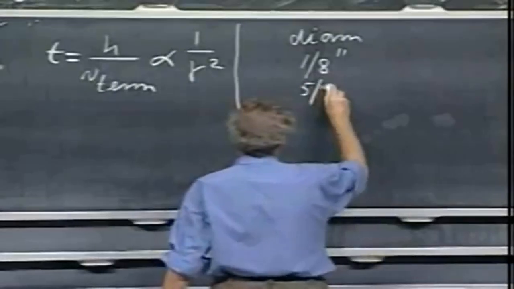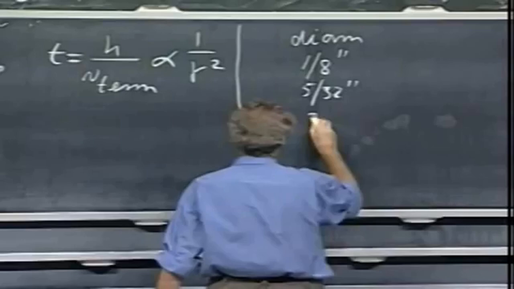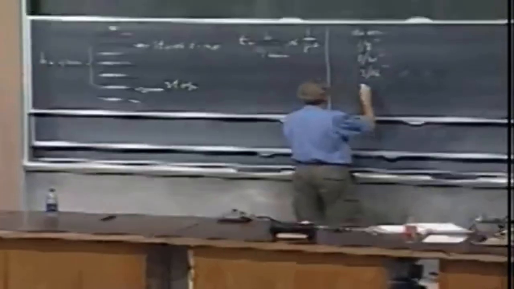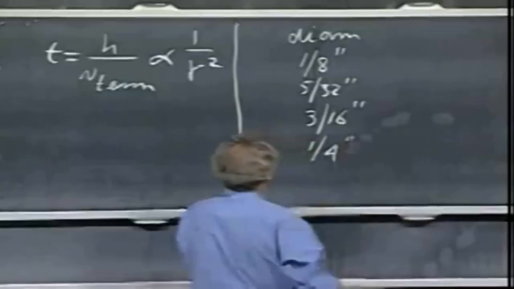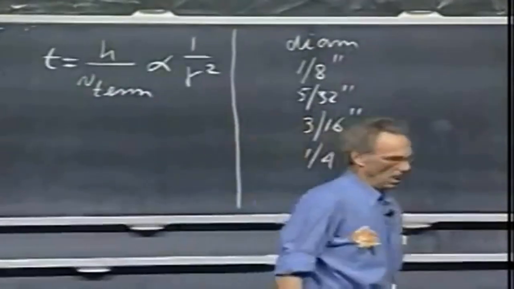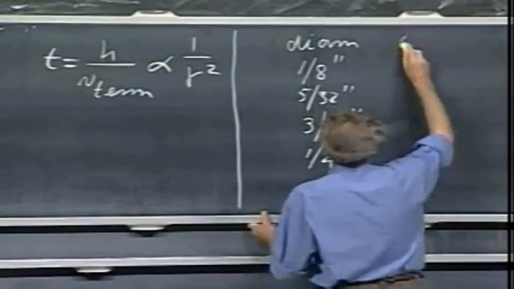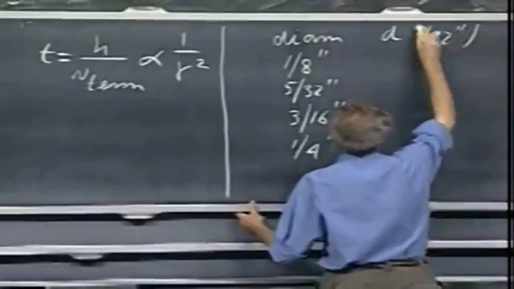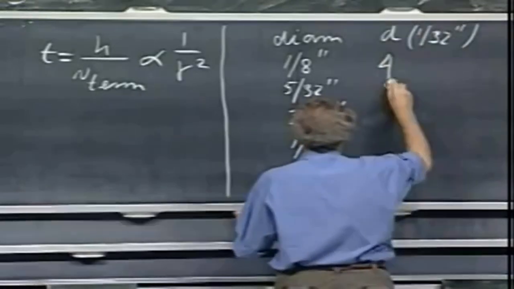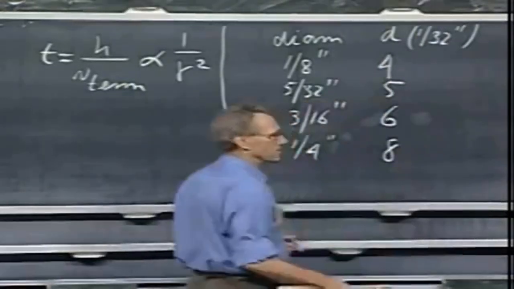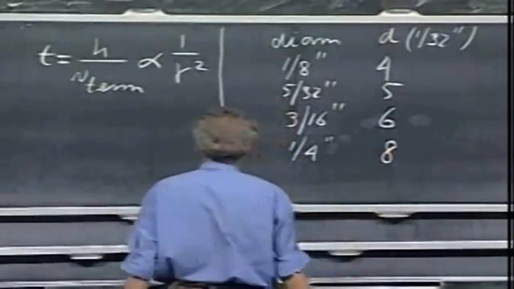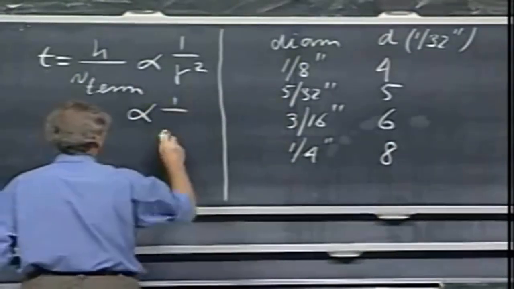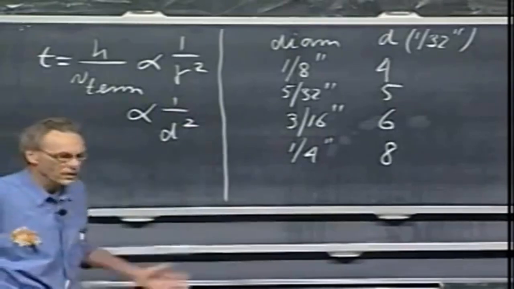Then I have 5/32, I have 3/16. All these things come in inches, that's one of those things, and I have a 1/4 inch diameter. If I give you here the diameter in terms of 1/32 of an inch, then this is 4, 5, 6, and 8. Easy numbers. Clearly, if the time that it takes is proportional to 1 over r squared, it will also be proportional to 1 over d squared. Of course, that's the same.